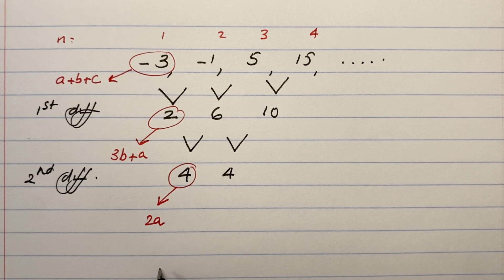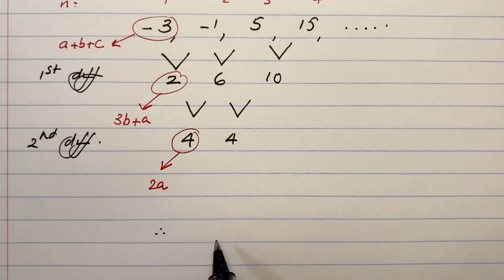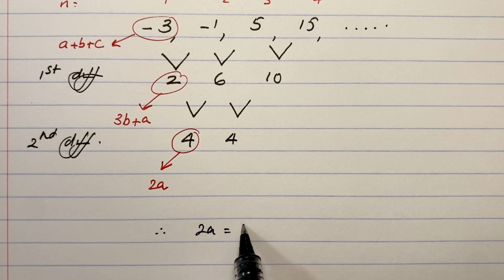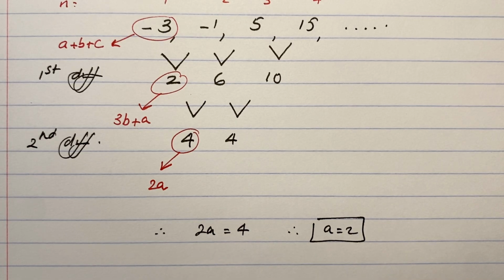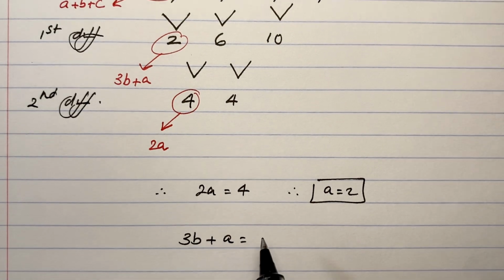So 2a equals 4. a equals 2. 3b plus a equals 2.